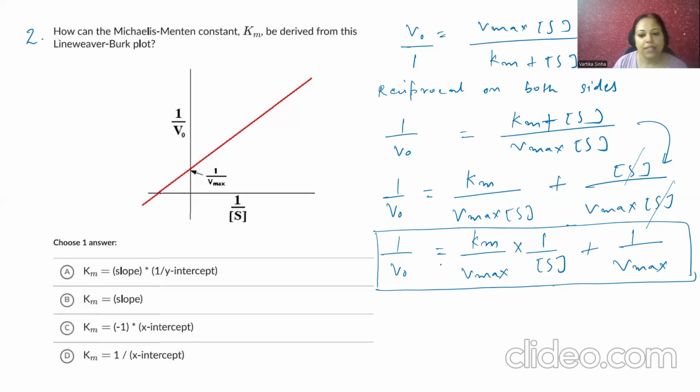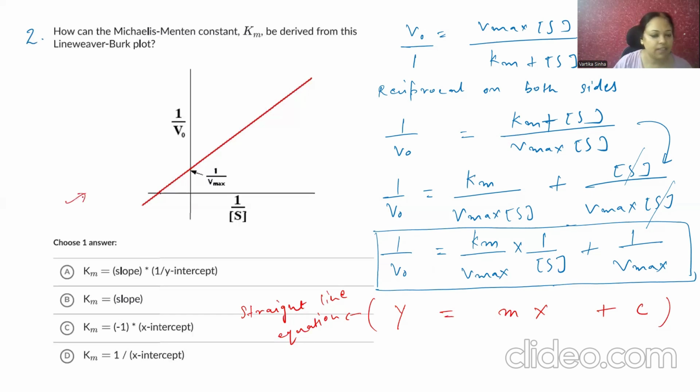Okay. Now, after derivation, this equation takes the form y is equal to mx plus c, right? And this is nothing but a straight line equation. So you have changed your Michaelis-Menten equation into an equation through which you can draw a straight line, just like the one given here.